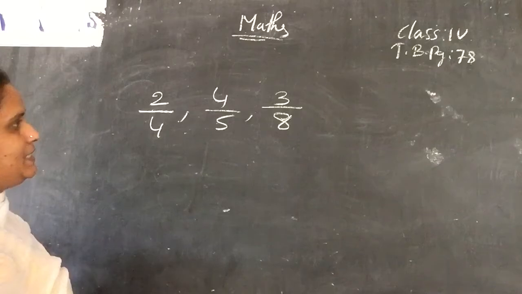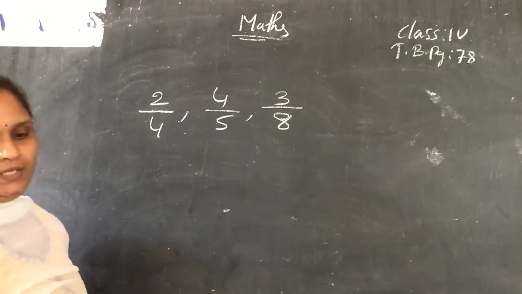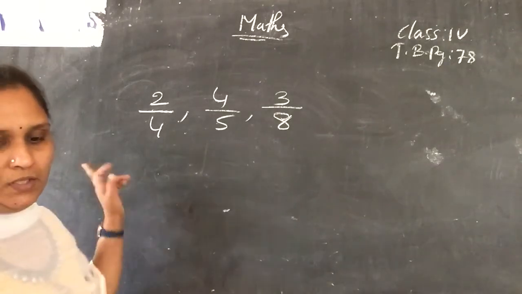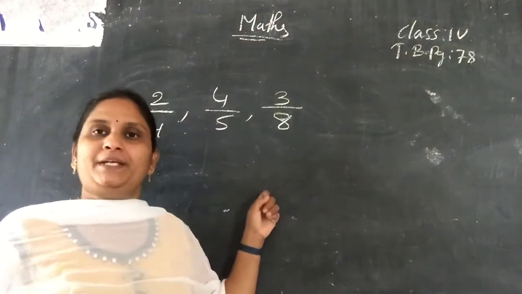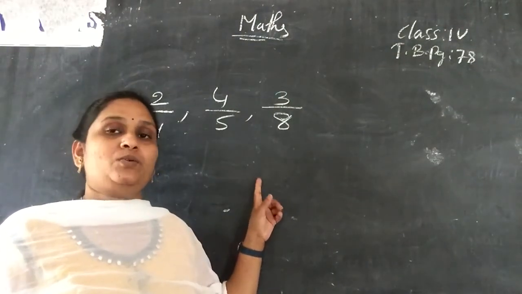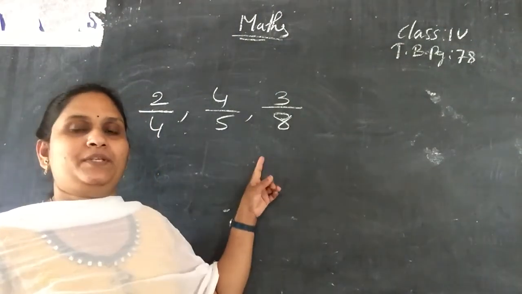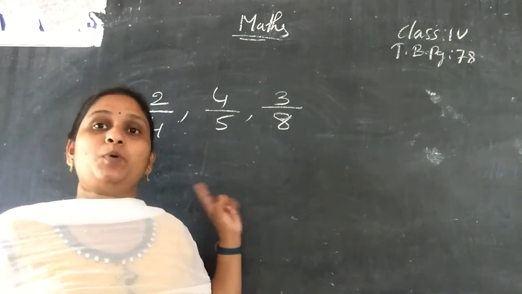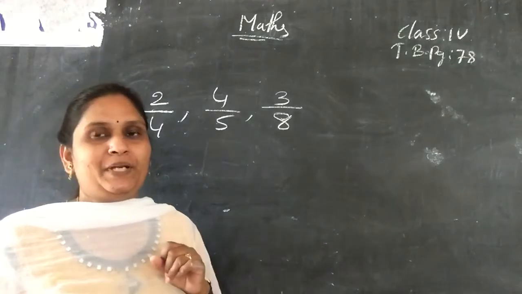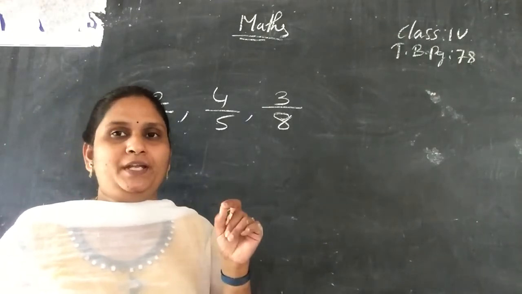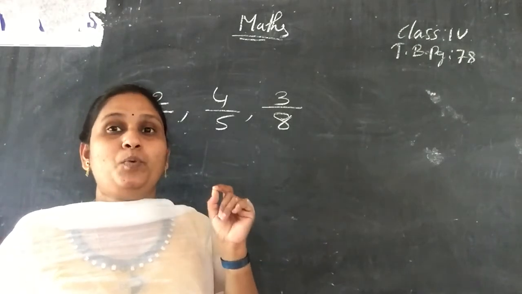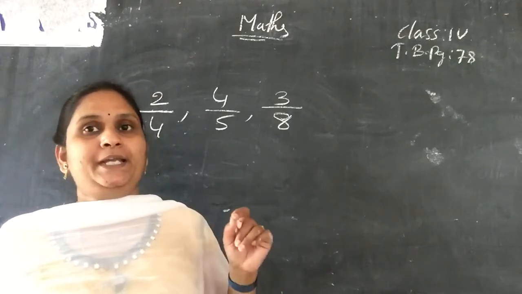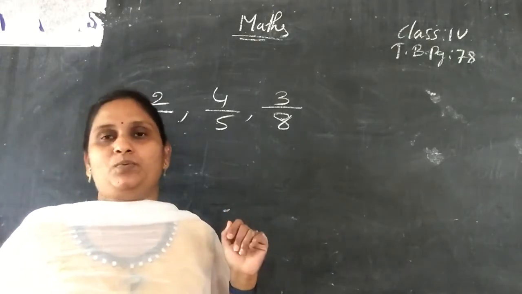So if you write these numbers in ascending order, the denominator which has the greatest value, that fraction is the smallest one. Once again I am repeating, children, the denominator which has the greater number, that is the smallest one.